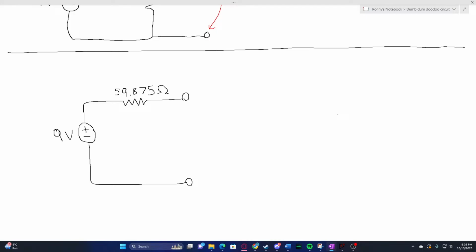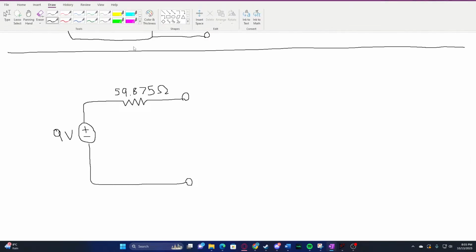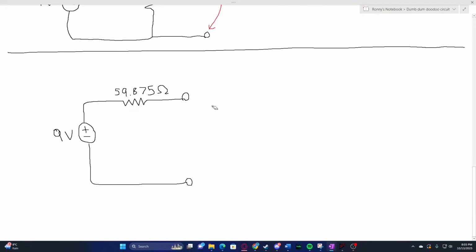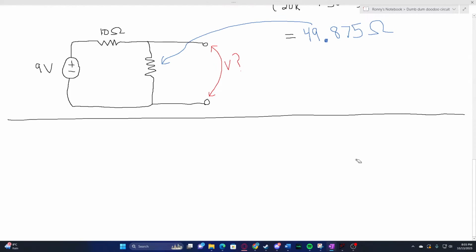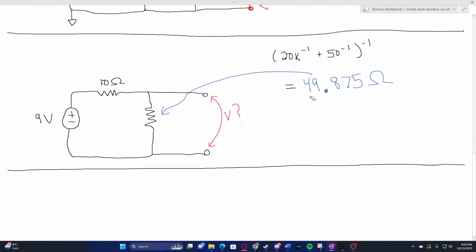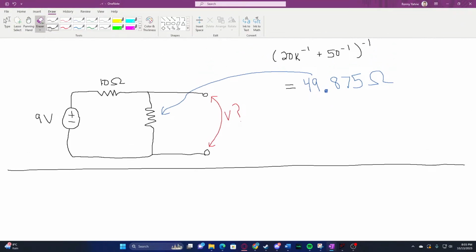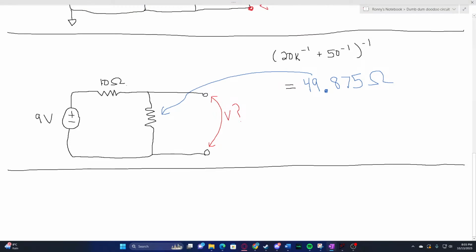Did I do that wrong? I feel like, yeah, I think I went one step too far. Oh yeah, okay, that's right. Hold on, I was doing something else in my head. So we have here a 10 ohm and a 49.875 ohm resistor in series.